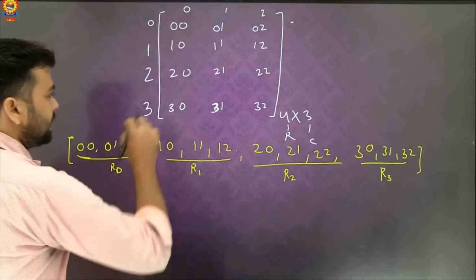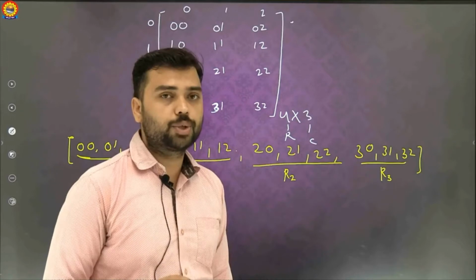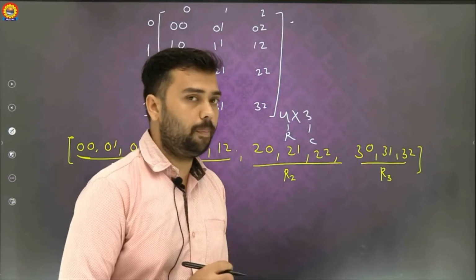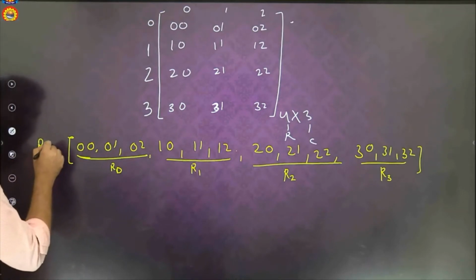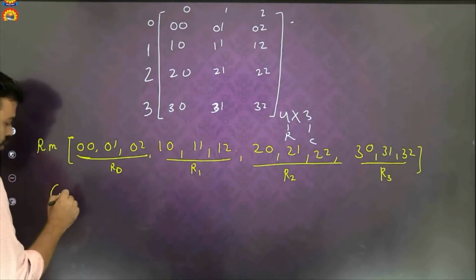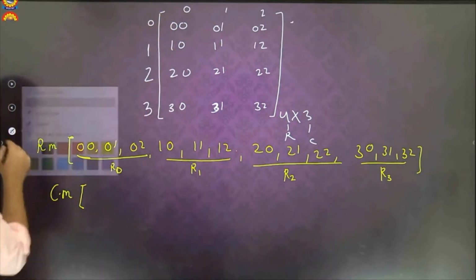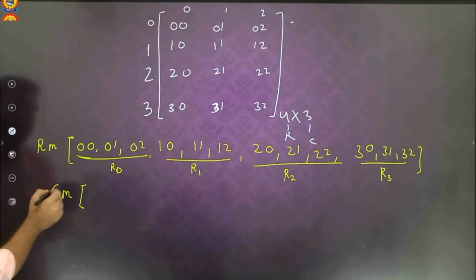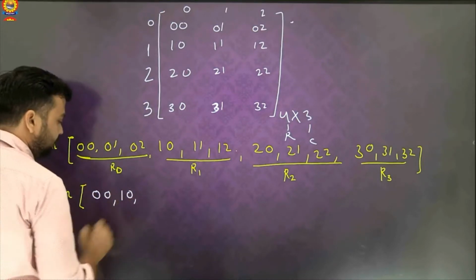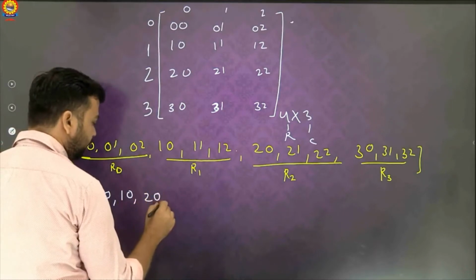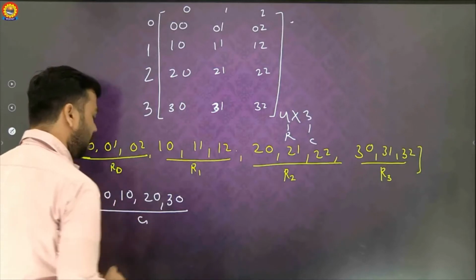If we store the same array in the case of column measure, how do we do it? If we store the same information using column measure, let me store it. That was row measure. Now column measure. First of all we write column 0. What are the values of column 0? 0,0; 1,0; 2,0 and 3,0. That is column 0.